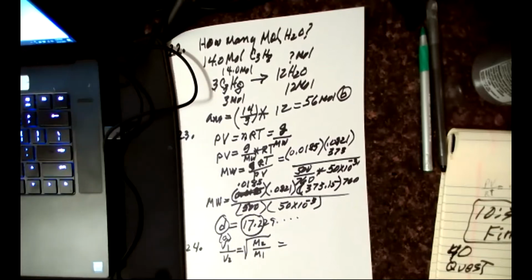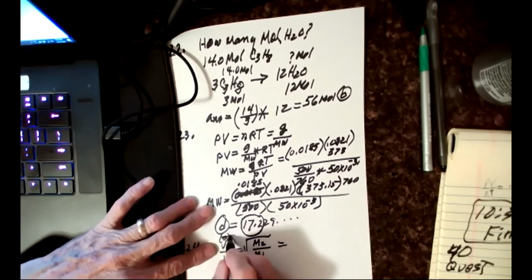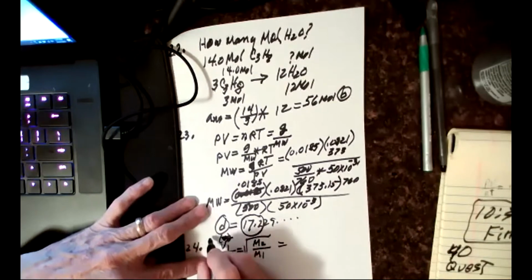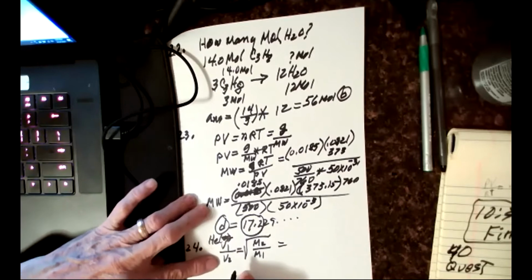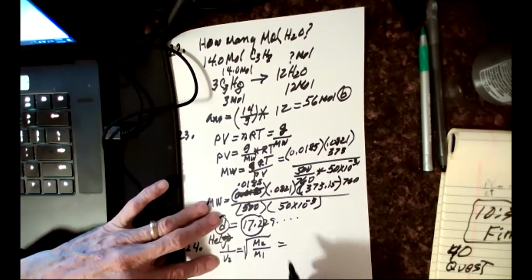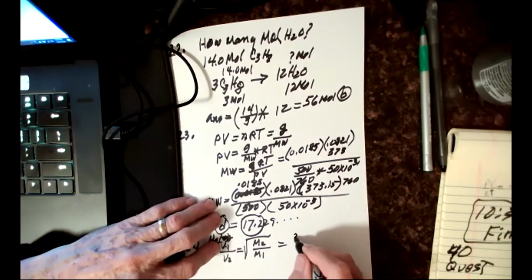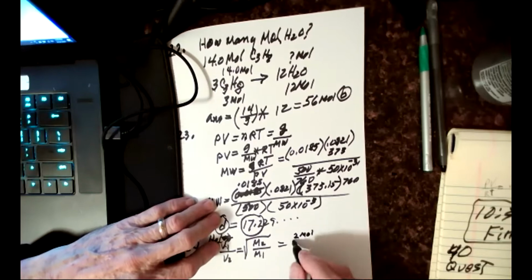I said I'm looking at 25. I should have been looking at 24. It wasn't oxygen, it's helium. This is helium. So I'm going to make helium my known one, number 1, and my unknown one, number 2. Now, the velocity of the helium is 2 moles in 32 seconds.